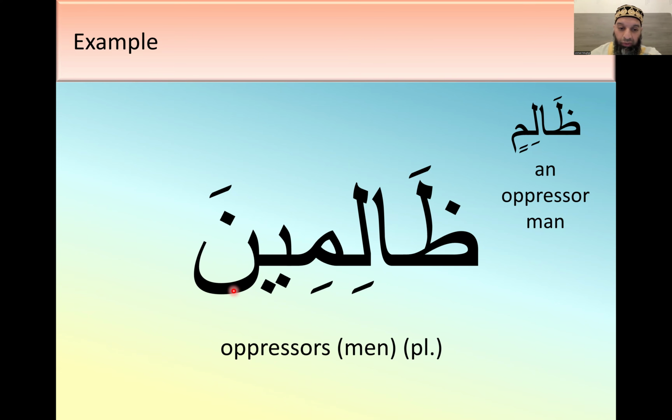That's all you need to know for now. There's two ways of saying it, and the grammar that is happening in the sentence will either cause it to become zalimuna or zalimina. In this example, I just put zalimina. Excellent.